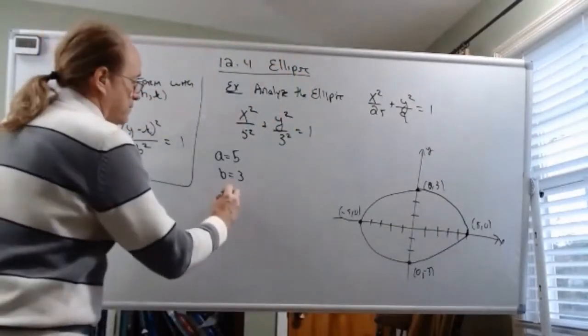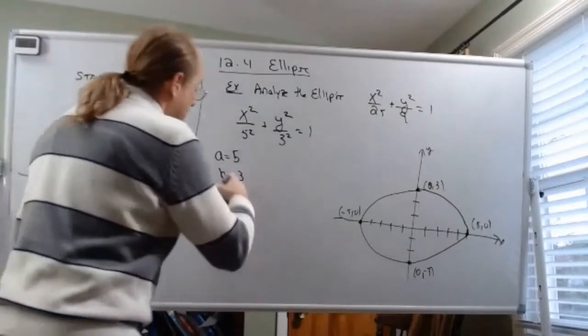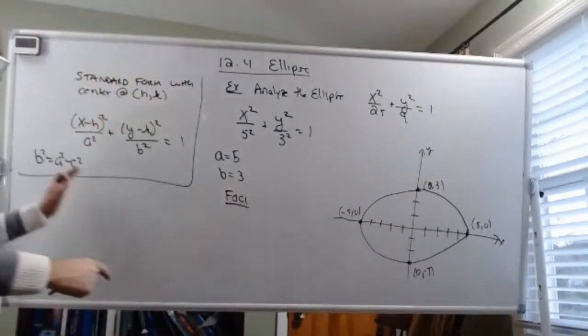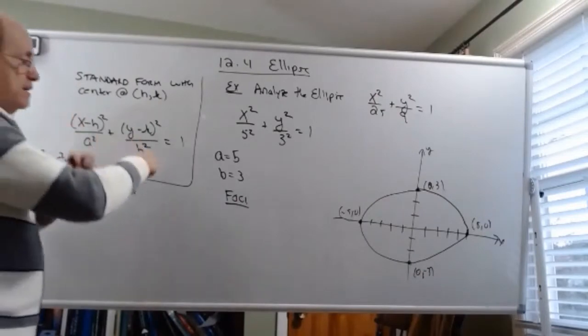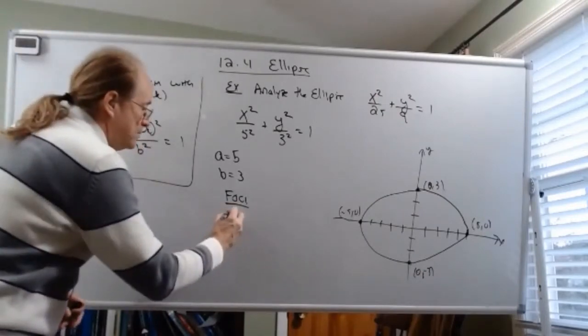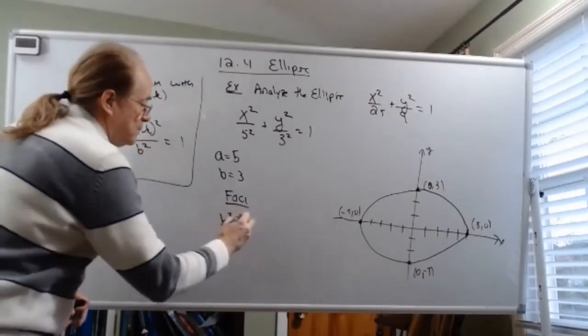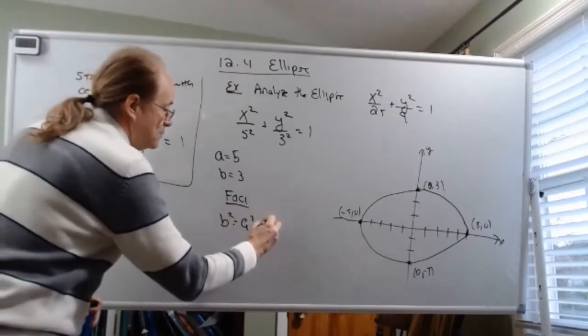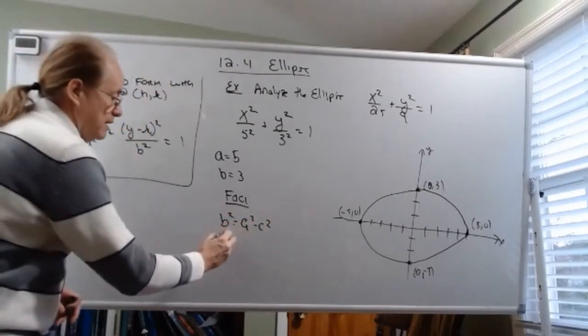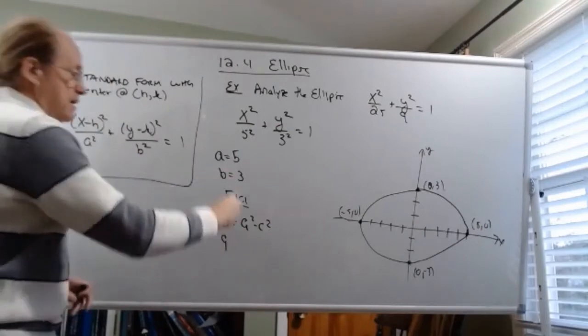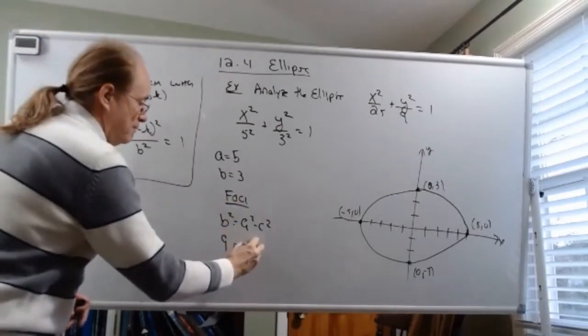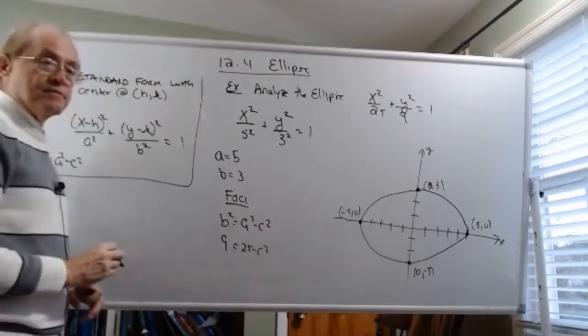So how do I find the foci? Okay, I go with the relationship that's valid for this, which is b squared is a squared minus c squared. So plug it in, so I get 9 is equal to 25 minus c squared.